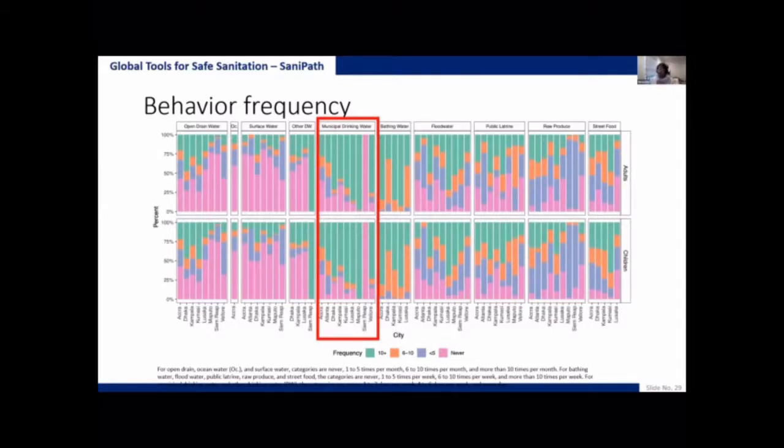However, we do notice that there's a big purple bar within the municipal drinking water box, and that is in Siem Reap, Cambodia, where all the respondents reported that they mainly relied on drinking water sources that were non-municipal, such as bottled water or well water. This is interesting because in actuality, the municipal water in Siem Reap had quite low contamination levels, and there was perhaps a mistrust in the water source quality that led to this behavior. Next slide, please.